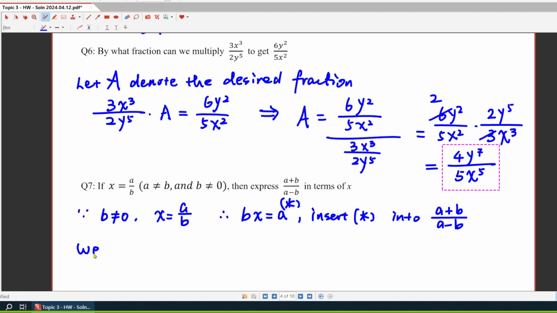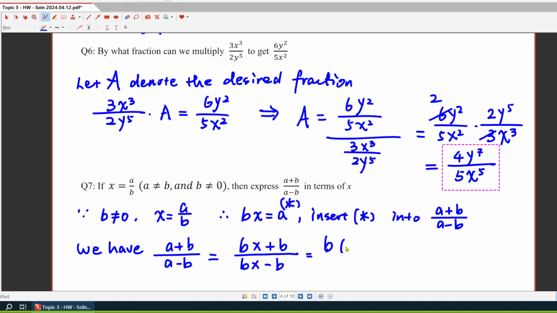Then we have a plus b over a minus b equals, a is a, just keep it there. Oh, sorry, a is bx, right? Which is here. A is bx, so we can substitute a using bx, so bx plus b over bx minus b, right?